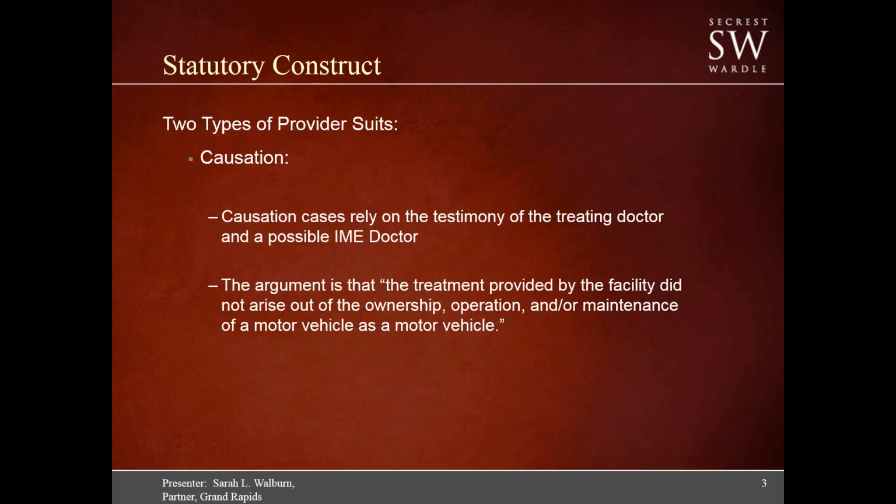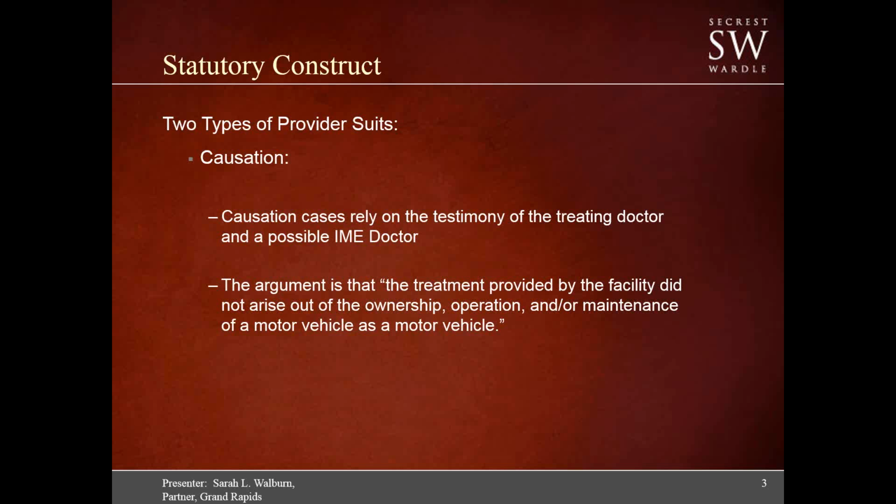Before we get into the two types of provider suits on the next slide, I want to talk a minute about burden of proof. The burden of proof is still on the provider. Sometimes, particularly in adjuster depositions, and some of you may be familiar with this tactic, the provider will try to switch the burden of proof to the insurer. That's not the case.